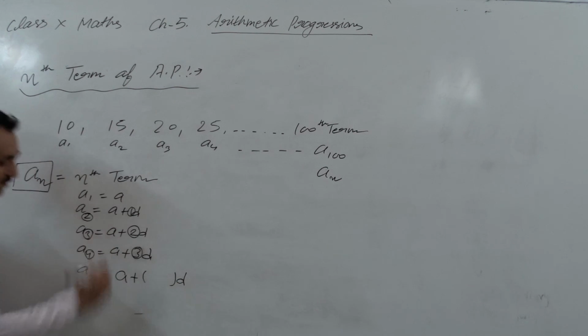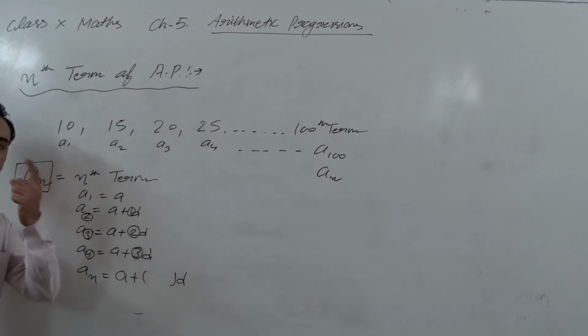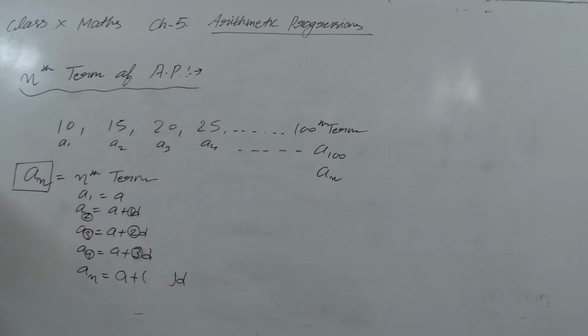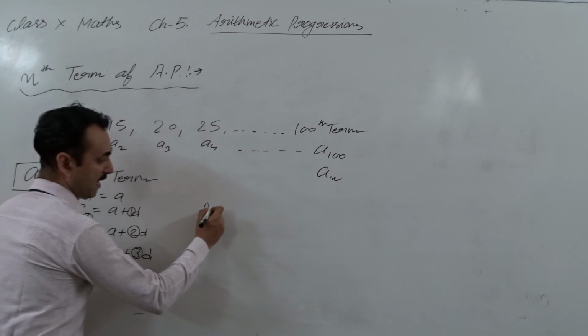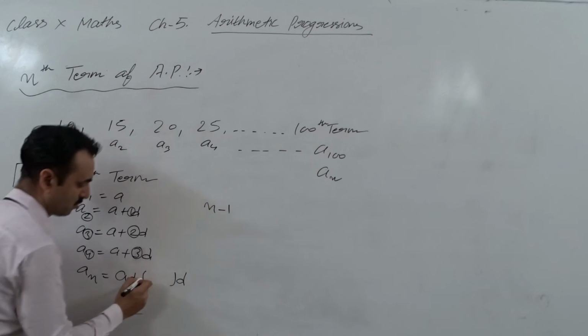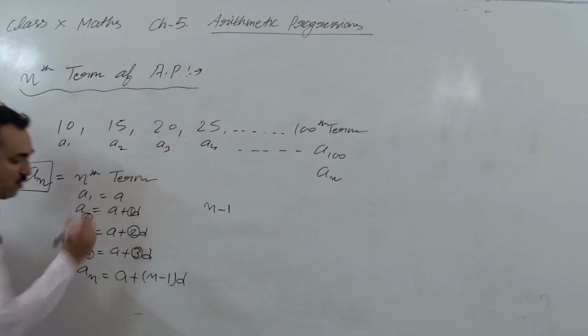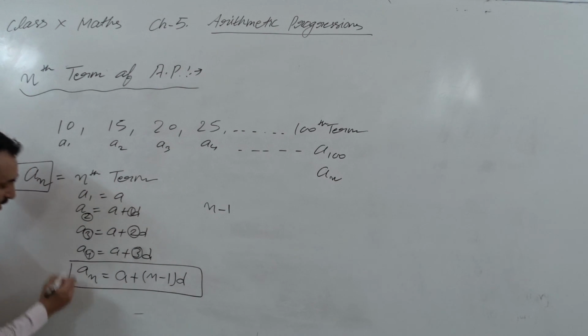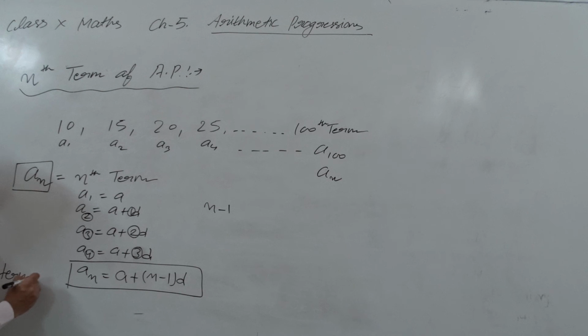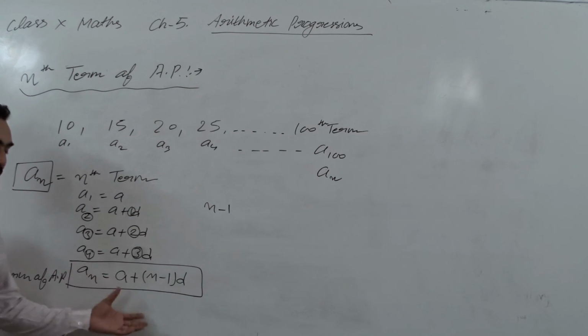It is 1 less, which means n minus 1. If you are finding n, then 1 less means n minus 1. So you write n minus 1 here. This is actually the formula to find the nth term of an AP.